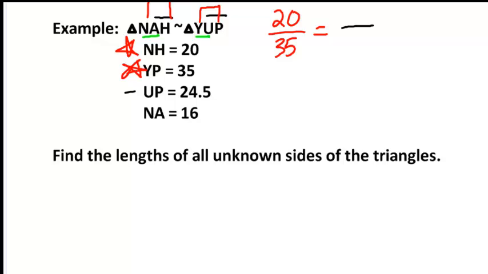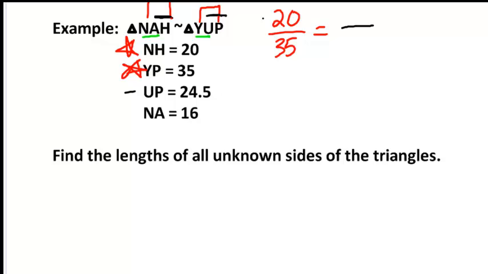The question I need to ask myself is, which do I put on top? Do I want AH on top from the first triangle, or do I want UP on top from the second triangle? The answer to that question is, what did I do for the first fraction? For the first fraction, I put NH on top. NH came from the first triangle.